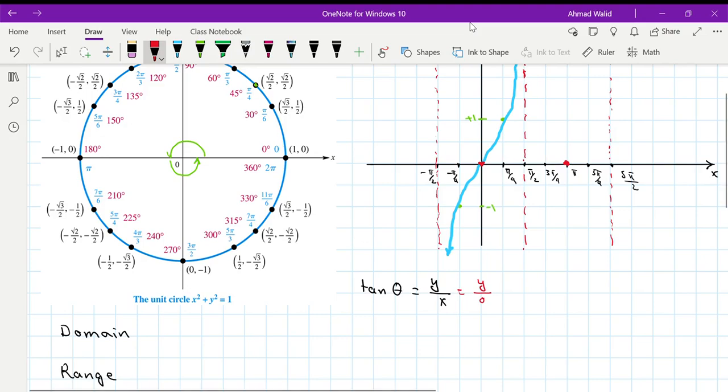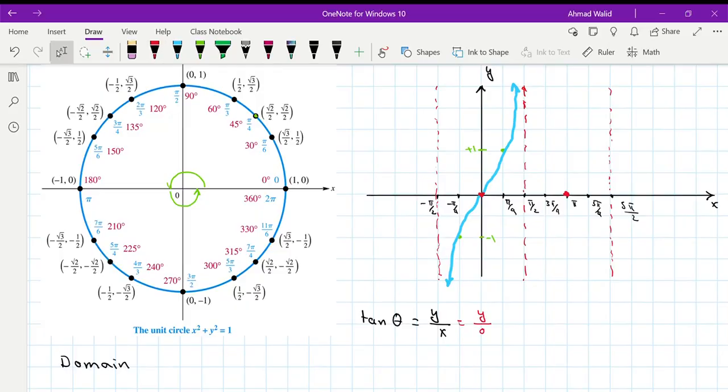Now, if you look for the value of 5 pi over 4 in your unit circle, correct? The value of 5 pi over 4 is negative radical 2 over 2 and negative radical 2 over 2 here. I'm talking about this point, which gives you a positive 1.